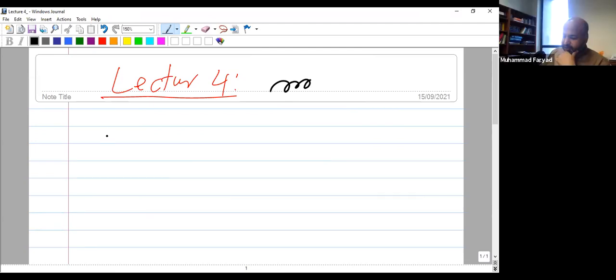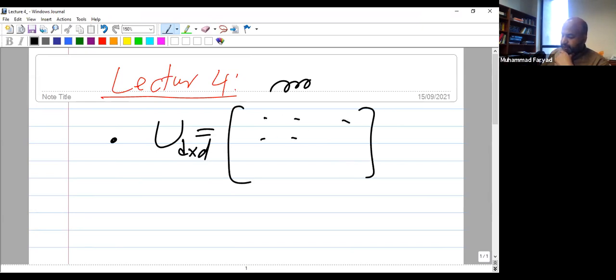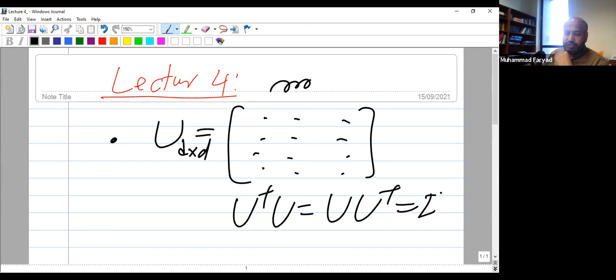Let me start again from the beginning, and I'll quickly review what we were trying to do yesterday. So we were saying that we have a general unitary U, and this is a D by D matrix, and in general, all entries are general entries, except subject to the condition that U dagger U is equal to identity, that this U is a unitary.